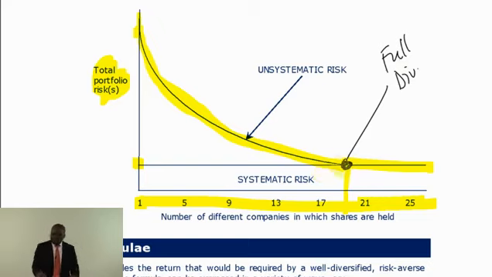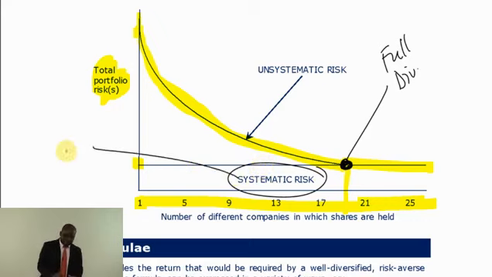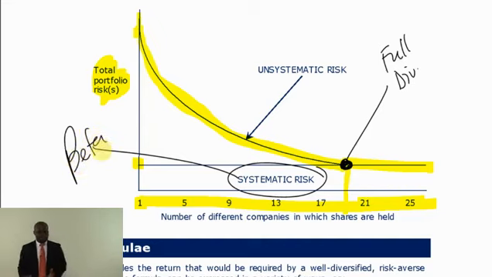So when you are fully diversified and you have removed all the unsystematic risk, you will face only the systematic risk. That systematic risk is what is measured by the beta. So the beta measures the systematic risk. In other words, beta measures the market risk. As long as you are in that market, in that industry, you face that risk.